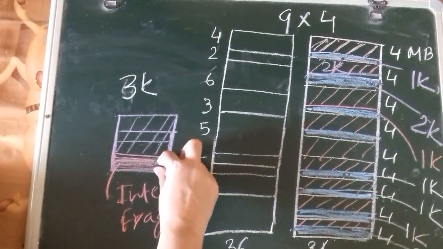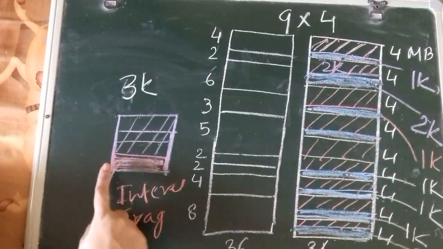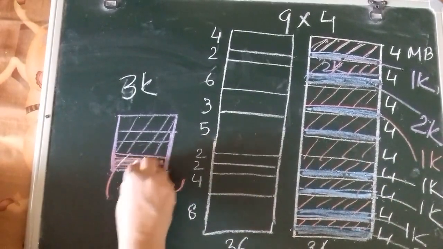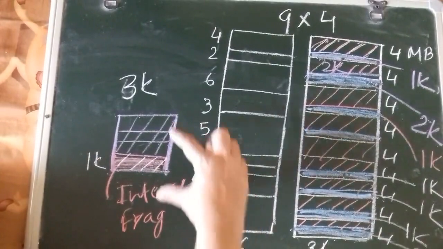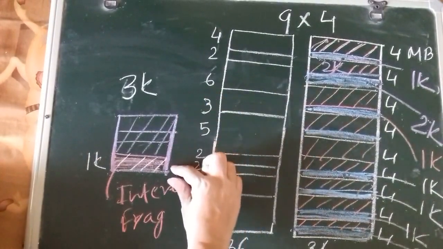Here I have 1K of free space which I am considering as fragmentation. If one process comes whose size is 1K, I can accommodate it in the fragmented space. This is my total partition: 3K is occupied, 1K was fragmentation.